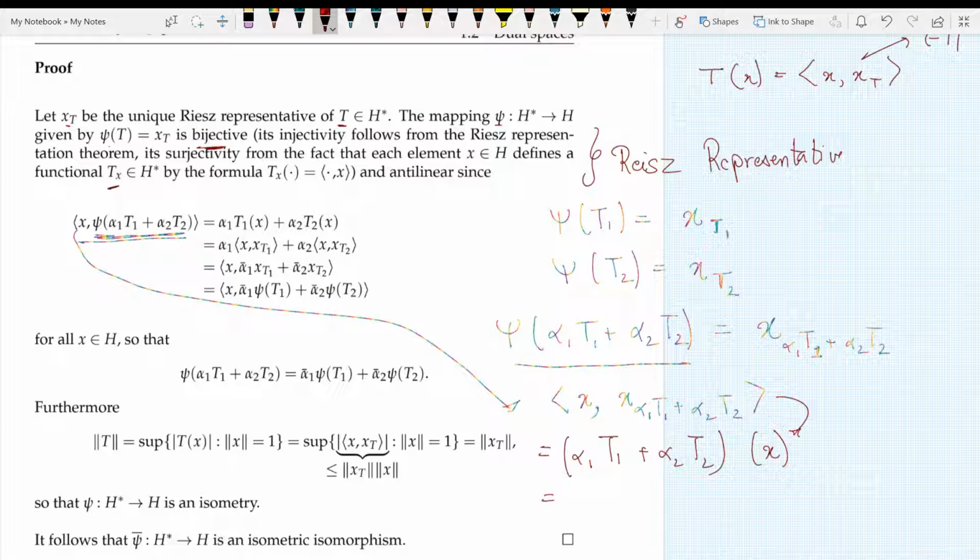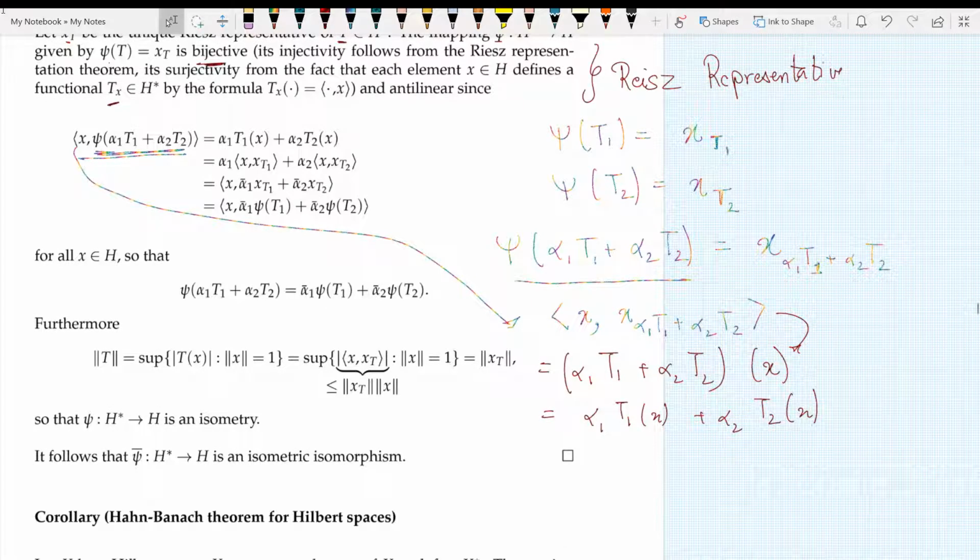The next part is that I just multiply it inside, and I can write it as alpha 1 t1 x plus alpha 2 t2 x. Now I change this thing again to my Riesz representation, which is alpha 1 times the inner product of x with x_t1 plus alpha 2 times the inner product of x with x_t2.